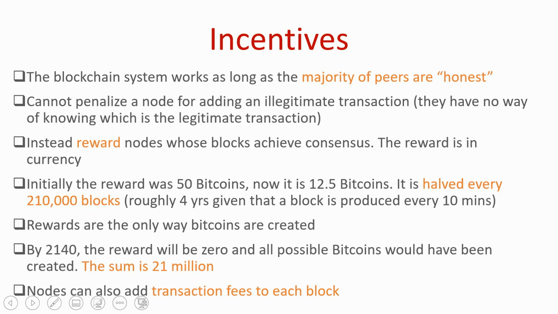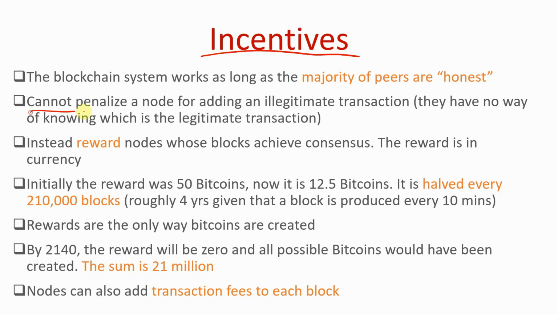Cryptocurrencies don't attach any moral legitimacy to the miners, meaning that they don't assume that the miners are moral or ethical people who want to act honestly. Actually, cryptocurrencies assume that the miners will act in their own self-interest. And so, how can you design an incentive mechanism to make sure that the miners are acting honestly?